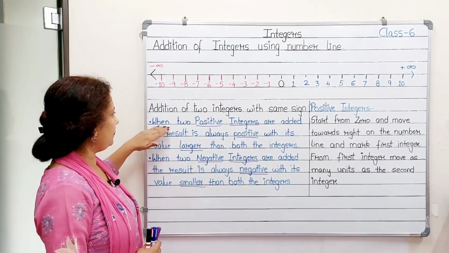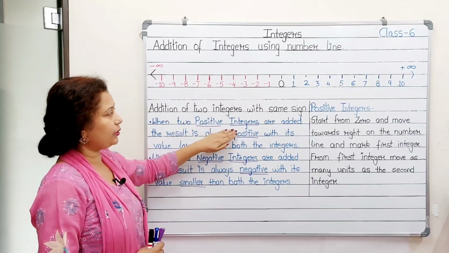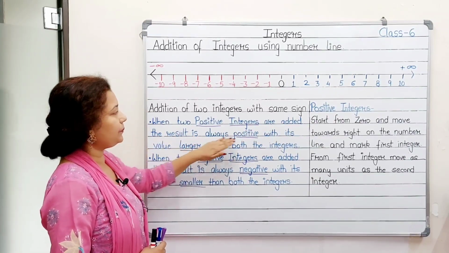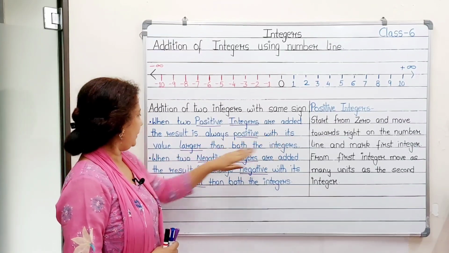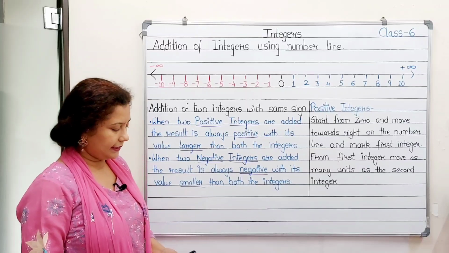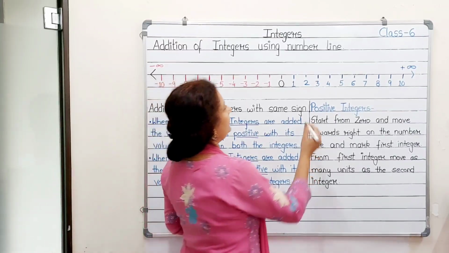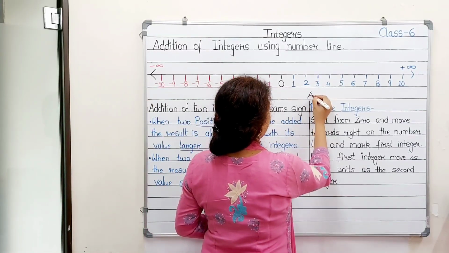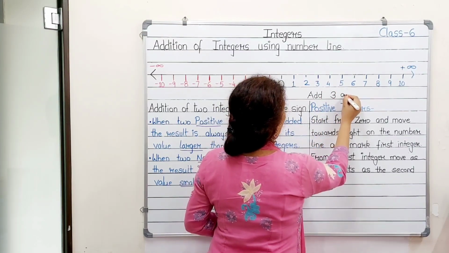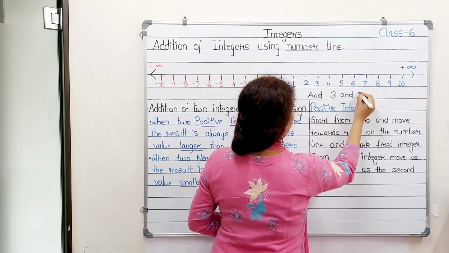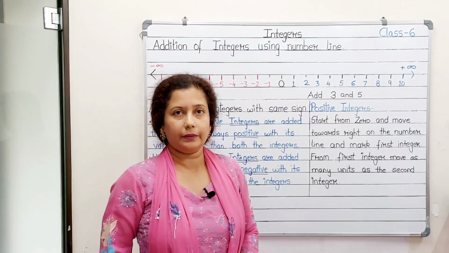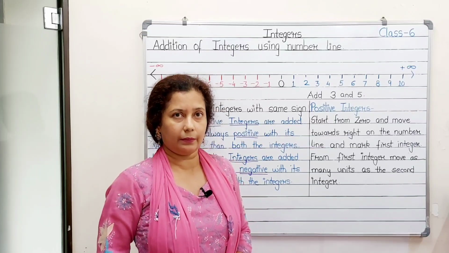There are certain rules. When two positive integers are added, the result is always positive with its value larger than both the integers. For example, if we add 3 and 5, when there is no sign in front of a number, that number is a positive number.